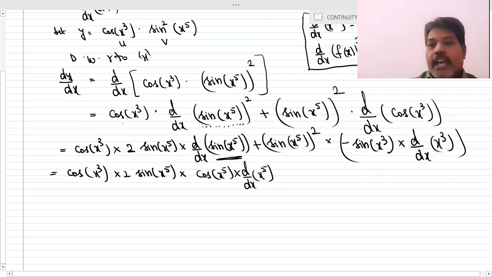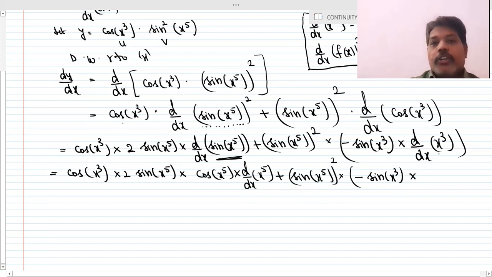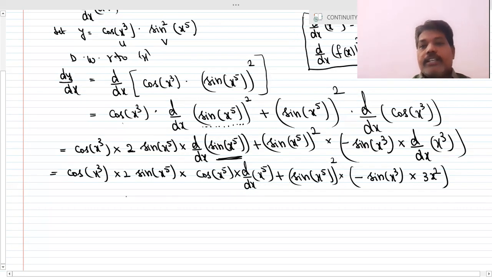So derivative of sine x power 5 is cos x power 5 into derivative of x power 5, plus sine of x power 5 whole square into minus sine of x cube into the derivative of x cube, which is 3x square. Do you understand, students?